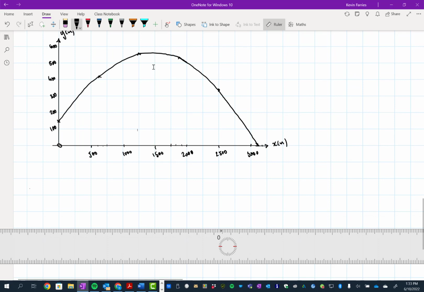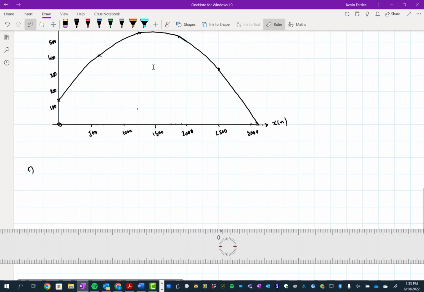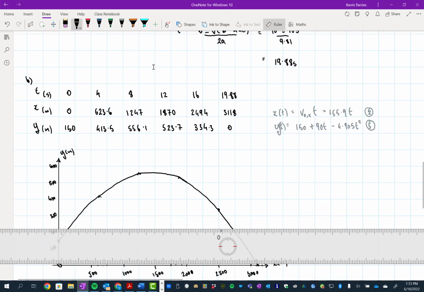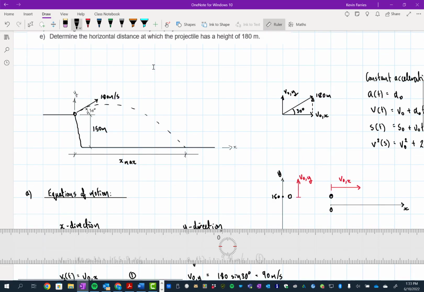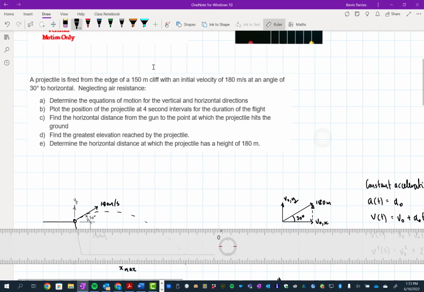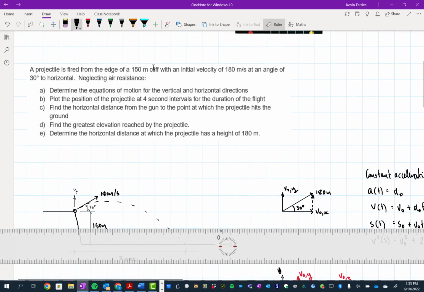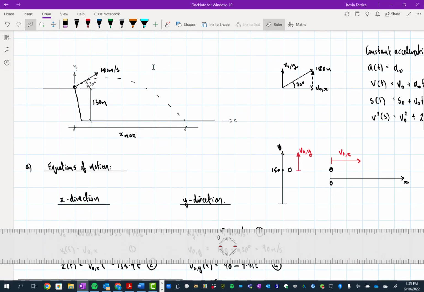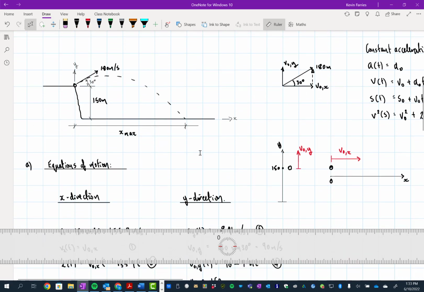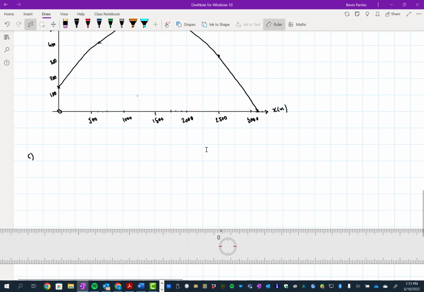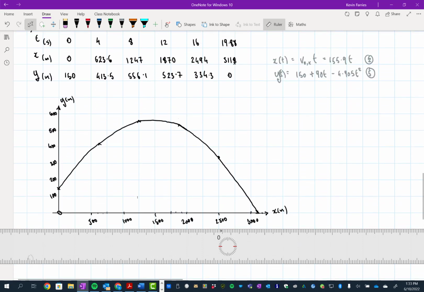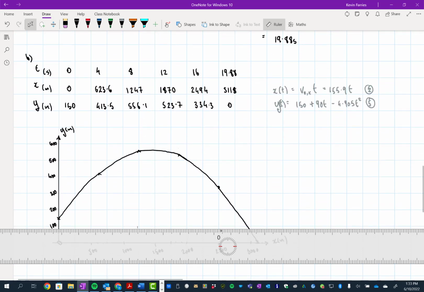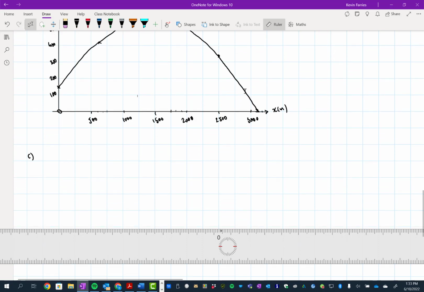And now we're on to part C, and we've already calculated that actually. It's looking for this distance, which is just the x coordinate when it hits the ground. We'd already figured that out just to figure out how big to make this graph.